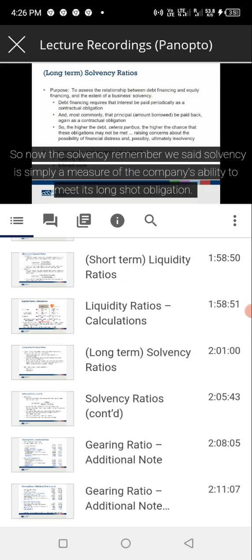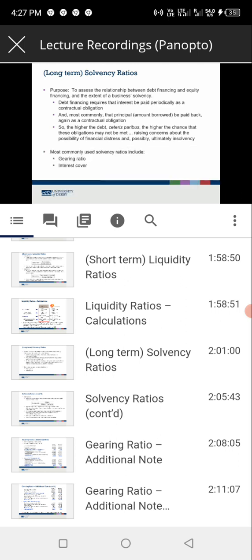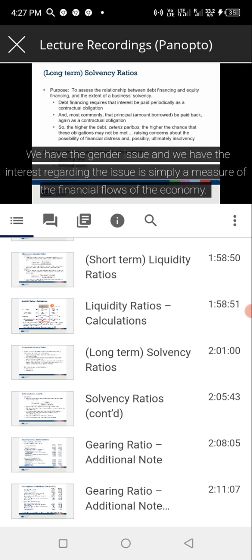So now, the solvency. Remember we said solvency is simply a measure of the company's ability to meet its long-term financial obligation. And here we have two common ratios: the gearing ratio and the interest cover.